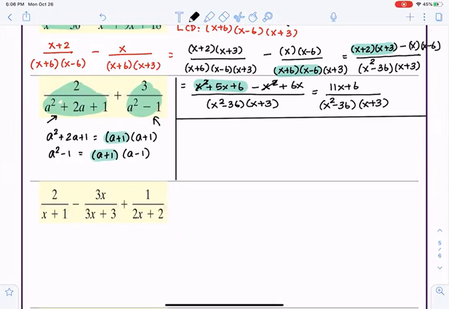So in our LCD, we need a plus 1. And there is another a plus 1 and a minus 1. So we don't have anything in common, so we just have to write them as is.